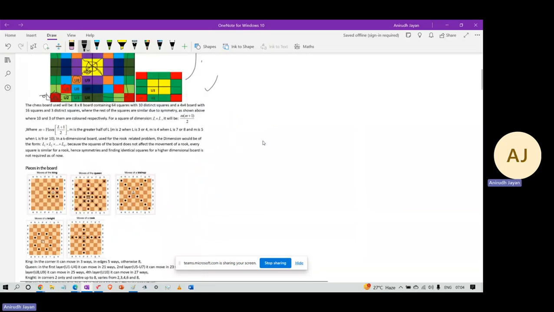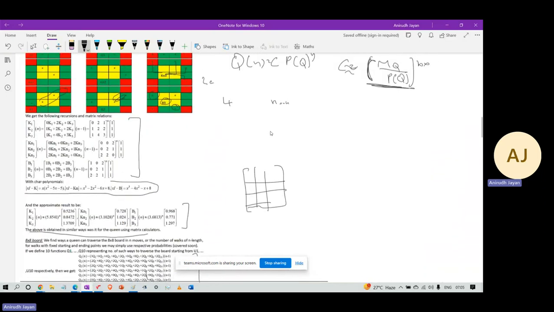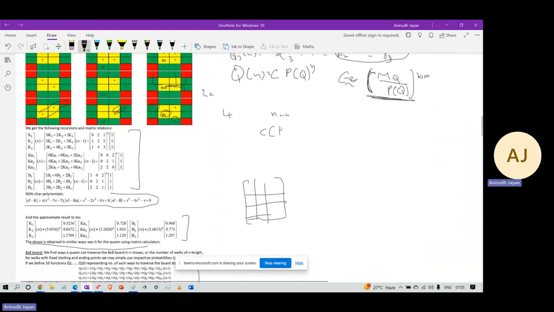Now, for that, we have made certain assumptions. It will still be a constant times the largest eigenvalue power n. Here P can be queen, king, knight, bishop.